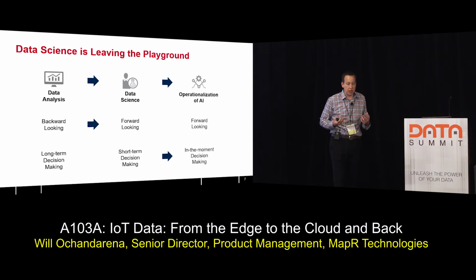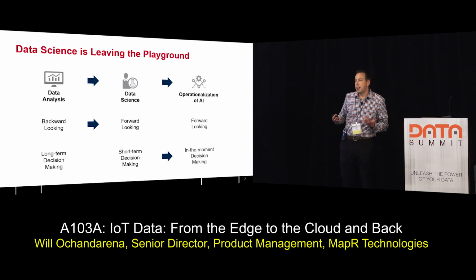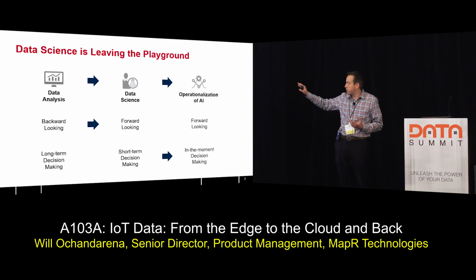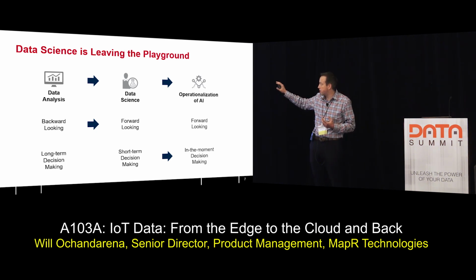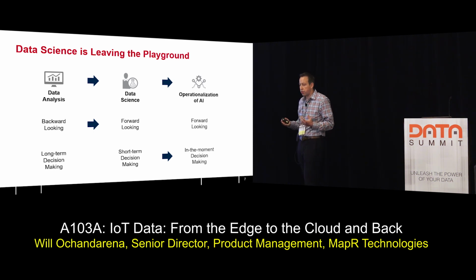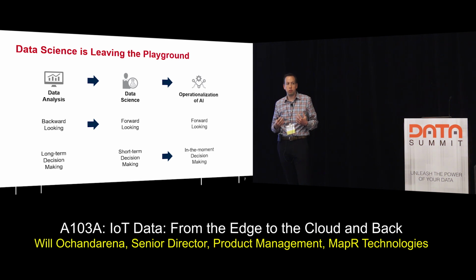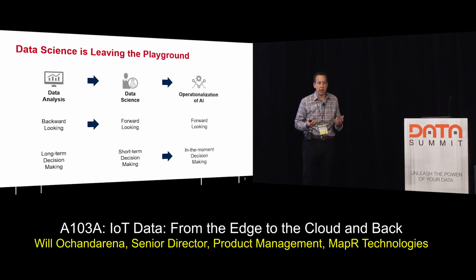So now, just some other things that are making all of this possible. One, I call it data scientists leaving the playground. Companies that are implementing these use cases are moving along a continuum of data analysis to data science to what I call operationalization of AI. Historically, they've had analysts that collect historical data, slice and dice it, and build reports to try to make decisions for the company.